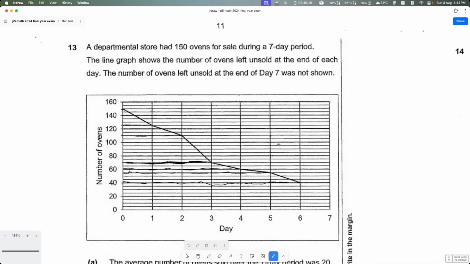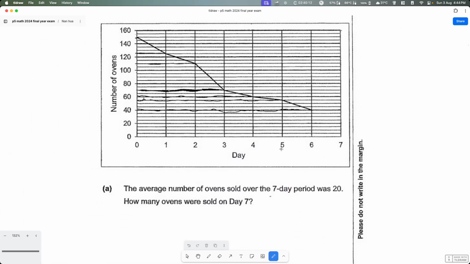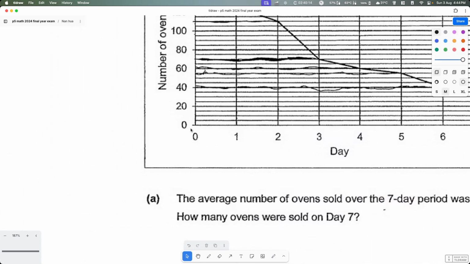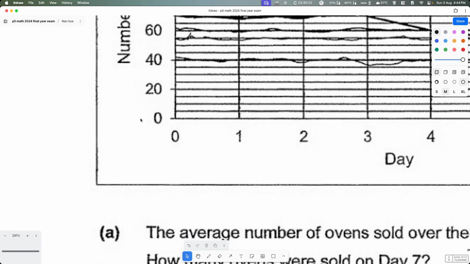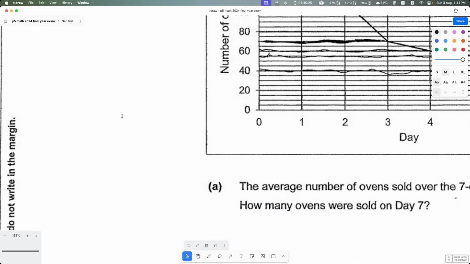So over here, we need to know the gaps. How many gaps? Let's zoom in. We have 1, 2, 3, 4. So we have 4 gaps over here. 4 gaps is equal to 20, and then 1 gap is equal to 20 divided by 4. This will give us 5 ovens.